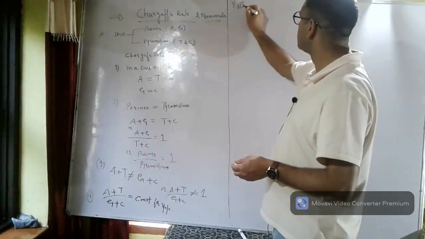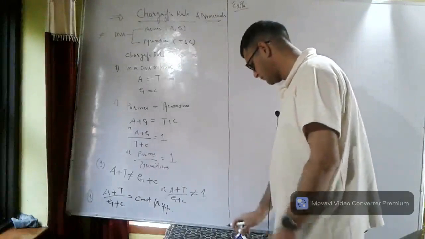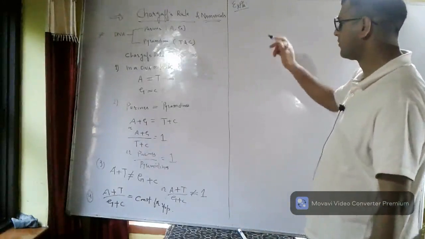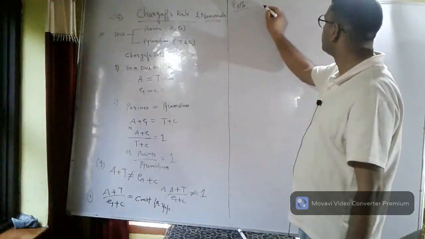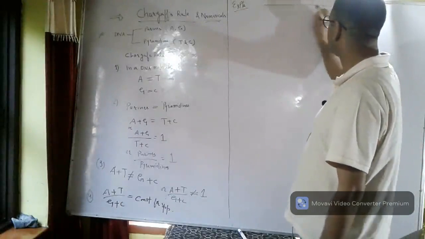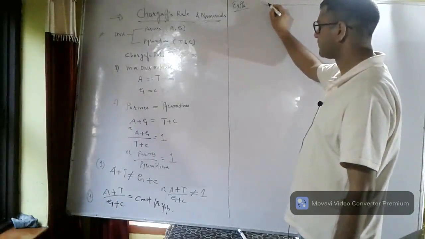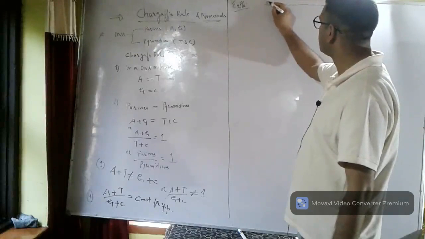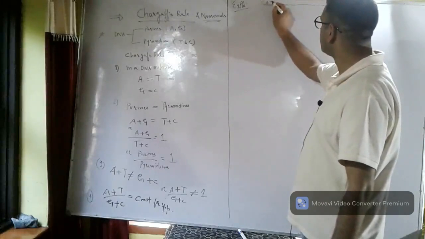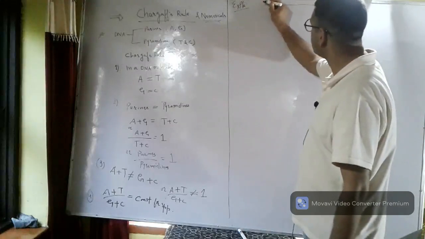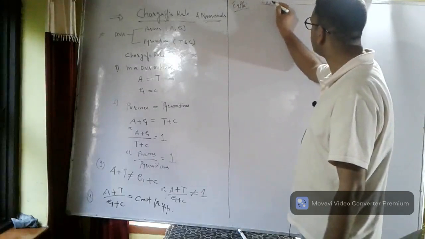Explanation. If we take a DNA molecule, we have adenine, cytosine, adenine, thymine.